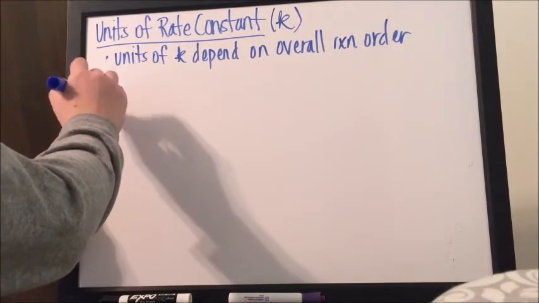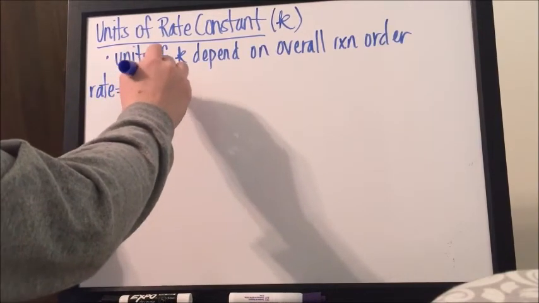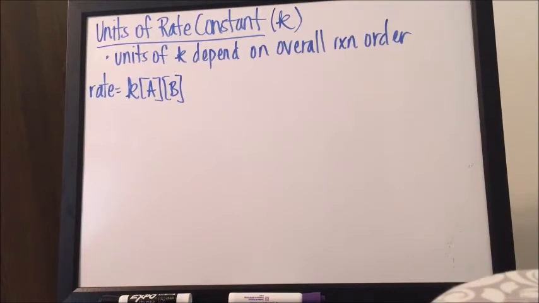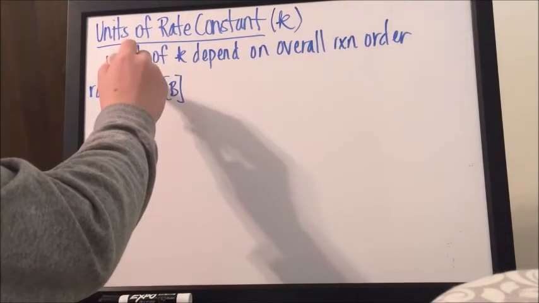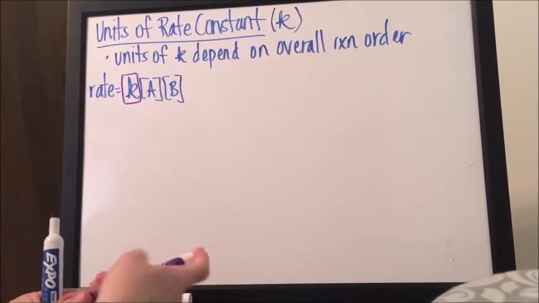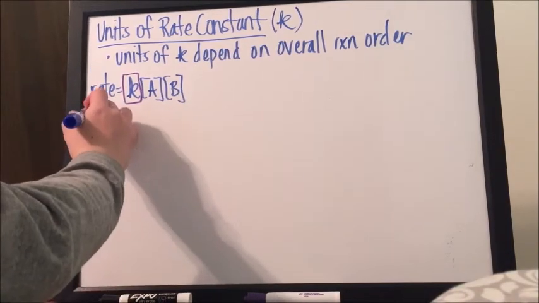All right, so let's say I have this reaction. And we are interested in K. So not numerically speaking, only units. So if we were to solve this for K, I would divide both sides by A and B, and I would end up with this.